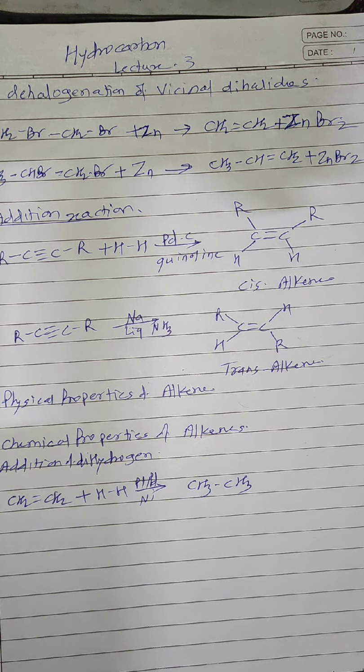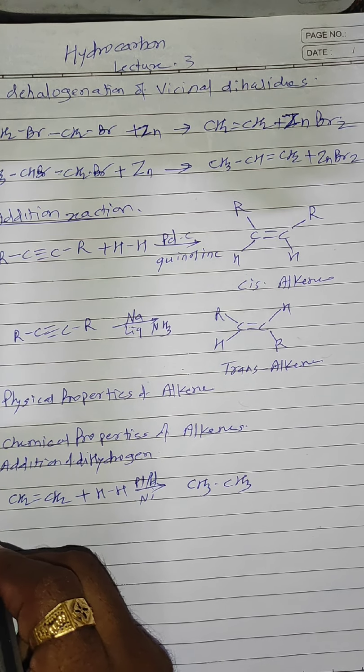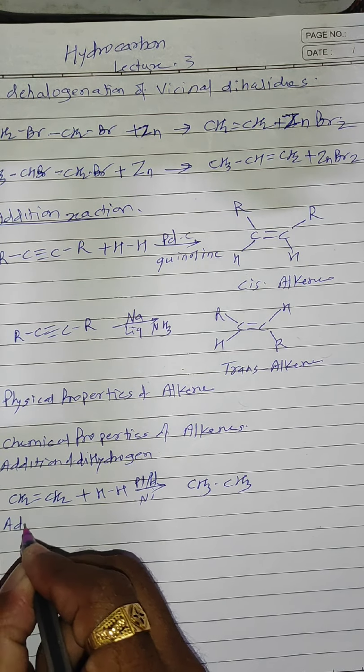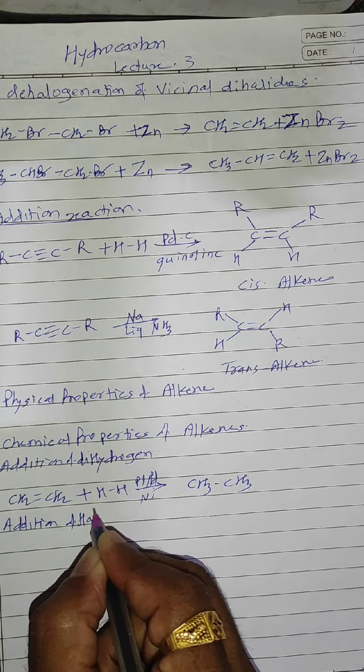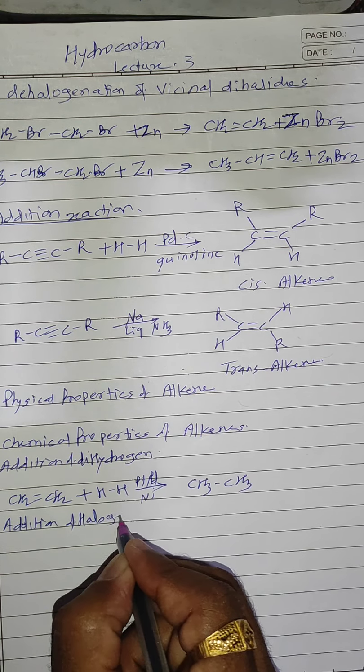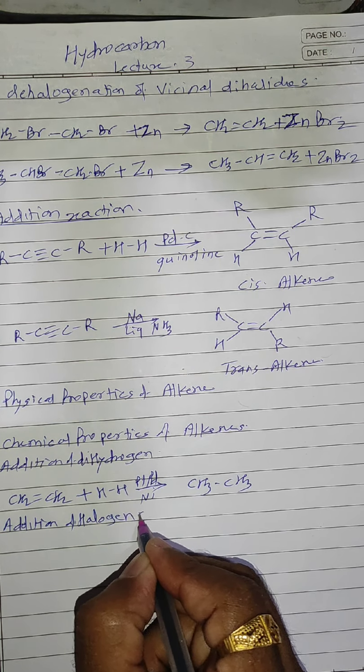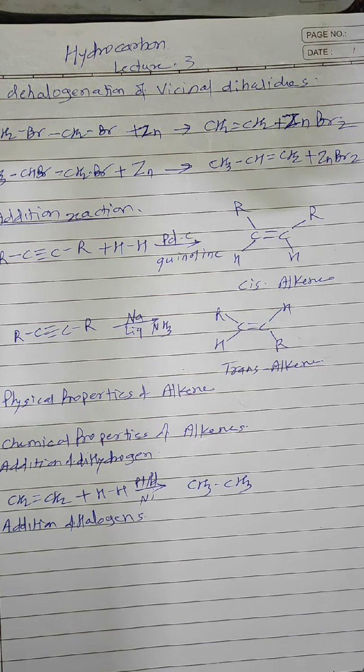Now second reaction, addition of halogen, or halogenation. Now in this case, alkenes are converted into corresponding vicinal dihalides by addition of halogens. Halogens like X2.